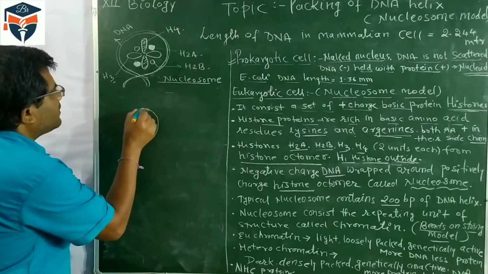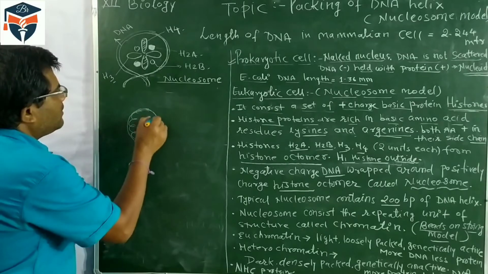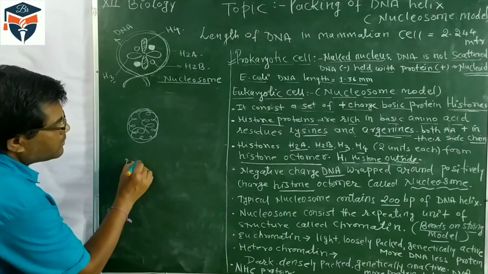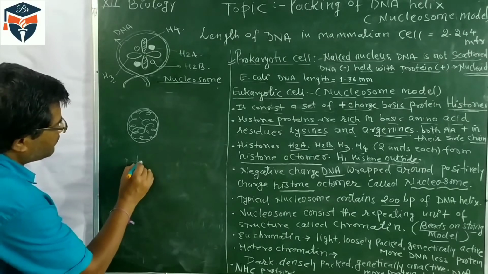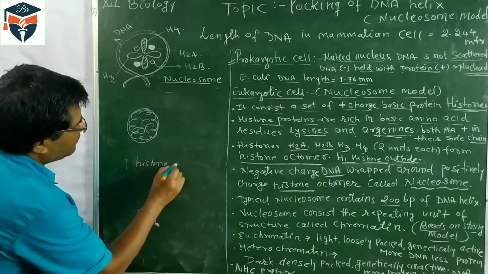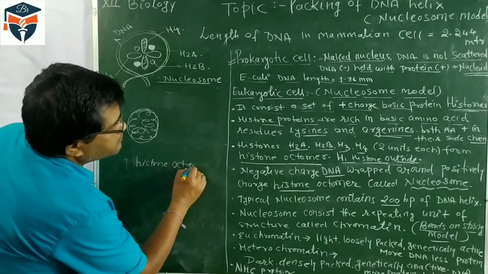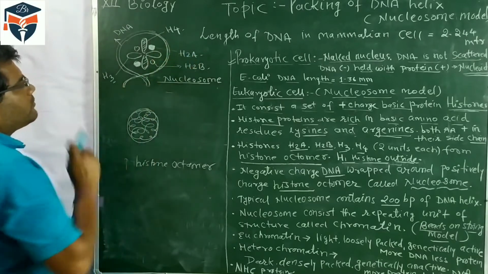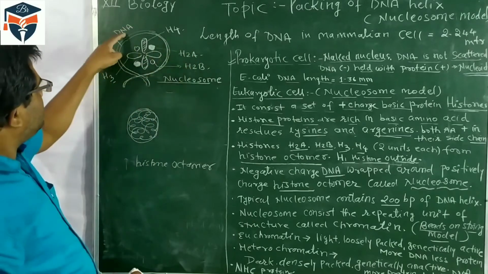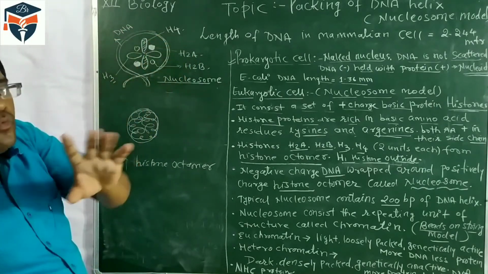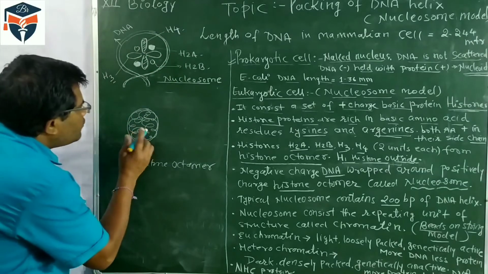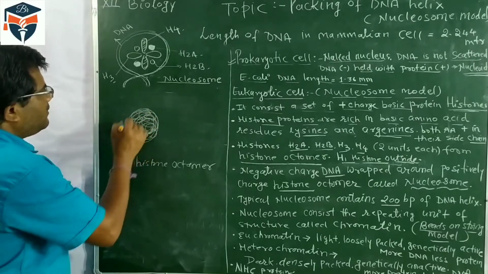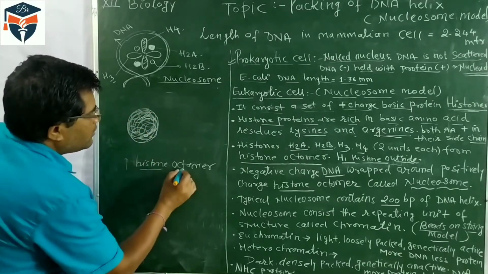So I am mentioning here it is the octamer, known as the protein histone octamer. And this is formed by these 4 proteins, H2A, H2B, H3 and H4, with 2 units each.